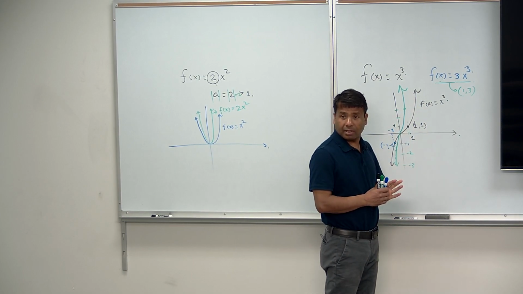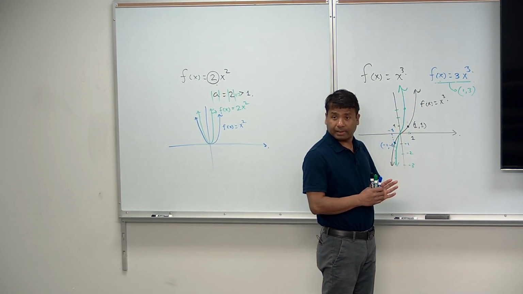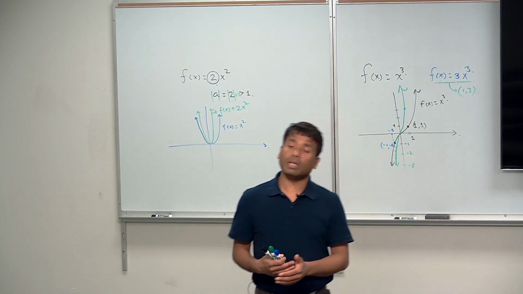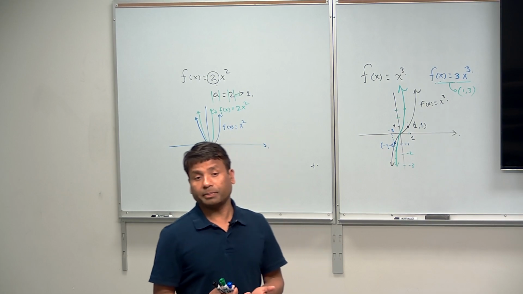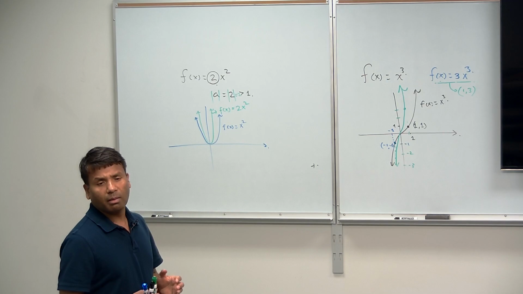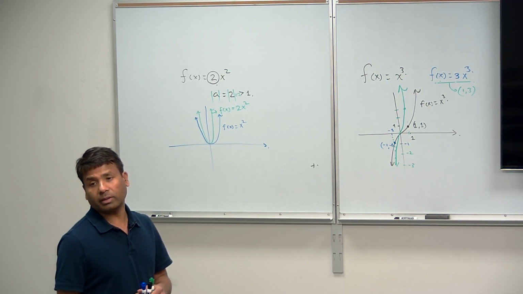Make sense? Did you see what I mean? It's vertically stretched. So the coefficient of x cubed here is greater than 1, right? So in that case, the graph is stretched vertically, making it narrower.